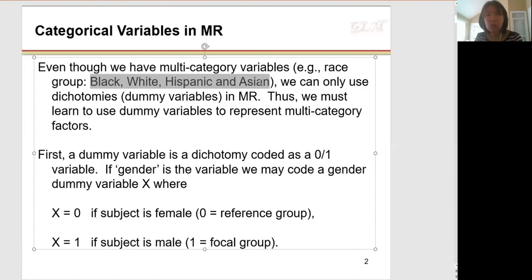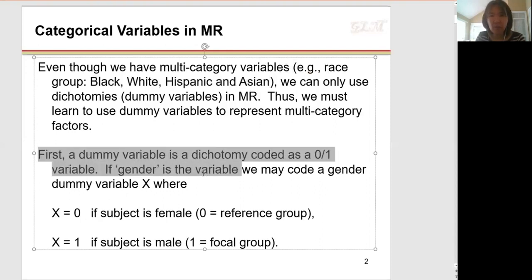So we have to change the categorical variable into multiple dummy variables, okay, to have the benefit of convenience of a dummy variable. First, a dummy variable is dichotomy. Dichotomy means just 2 options, 0, 1. Okay, so 0 is reference group, 1 is focal group.